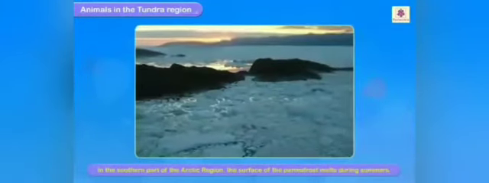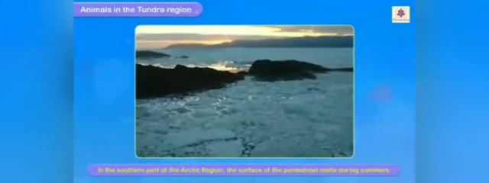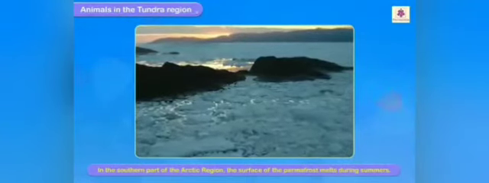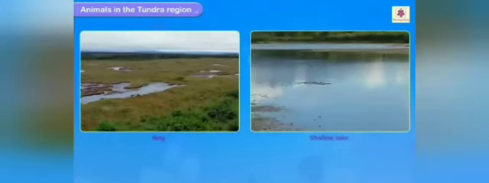Animals in the tundra region. In the southern part of the Arctic region, the surface of the permafrost melts during summer, forming bogs and shallow lakes that give way to animal life.